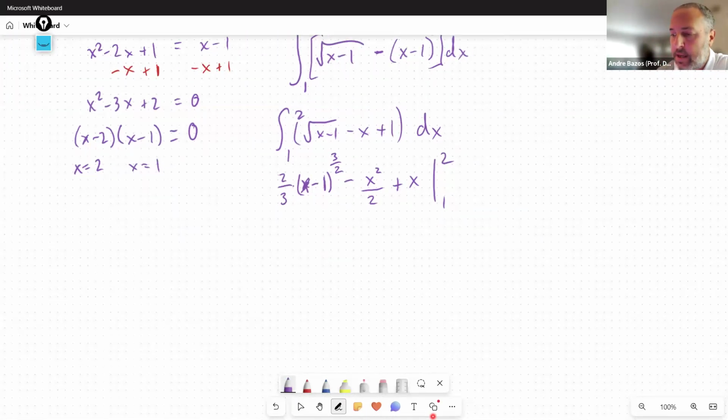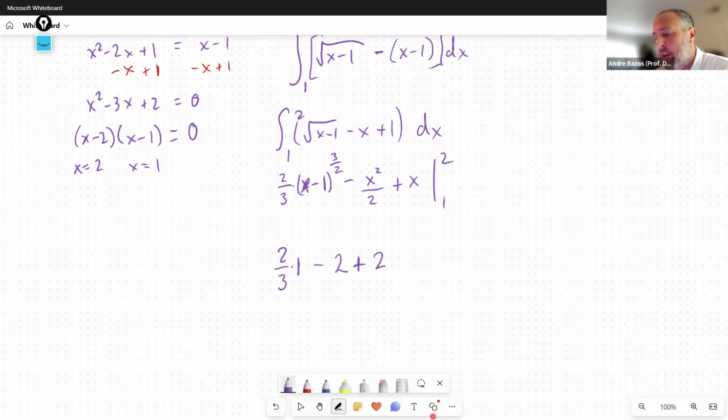So let's do that. So I'm going to plug in 2/3. You get 2 minus 1, which is 1 to the 3/2 power, which is just 1. Nice. So we get 2/3 times 1, minus 2 squared is 4, divided by 2 is 2, plus 2.